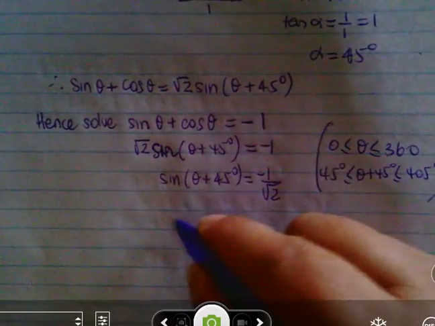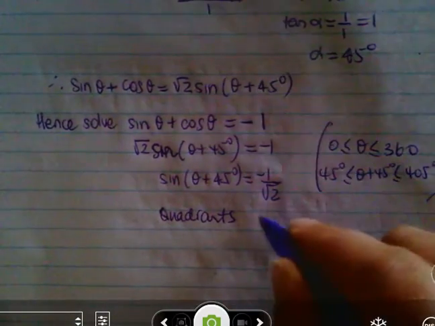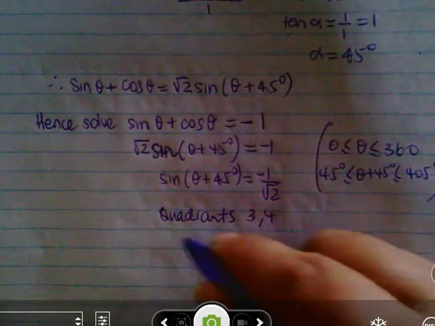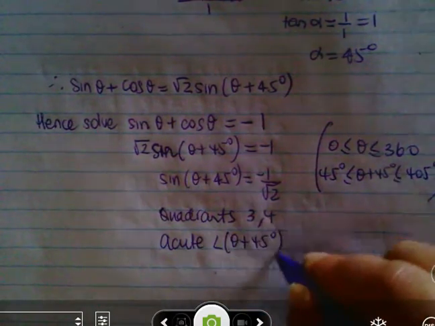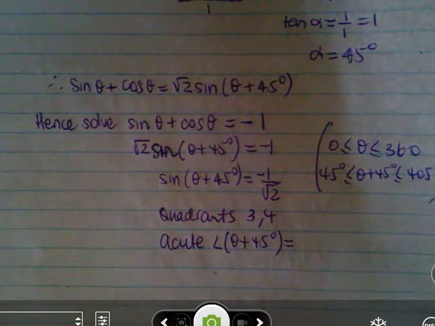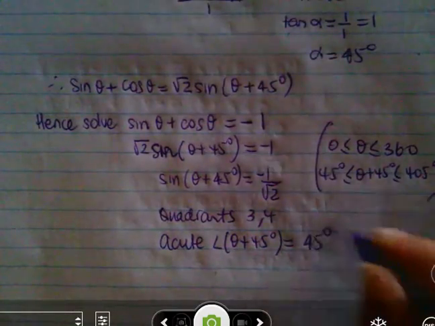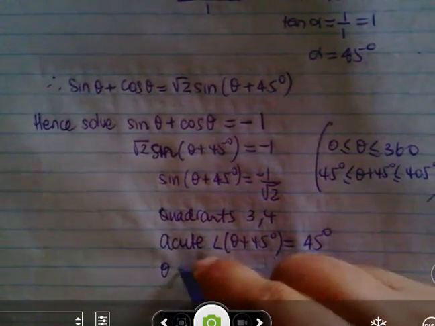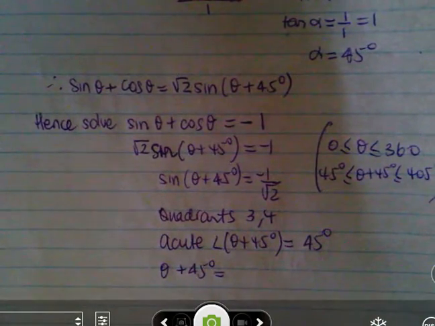So what have we got? Quadrants. What quadrants? 3 and 4. What's the acute angle for theta plus 45? Sine of what is 1 on root 2? Sine of 45, isn't it? So therefore your two solutions for theta plus 45 are in quadrants 3 and 4.